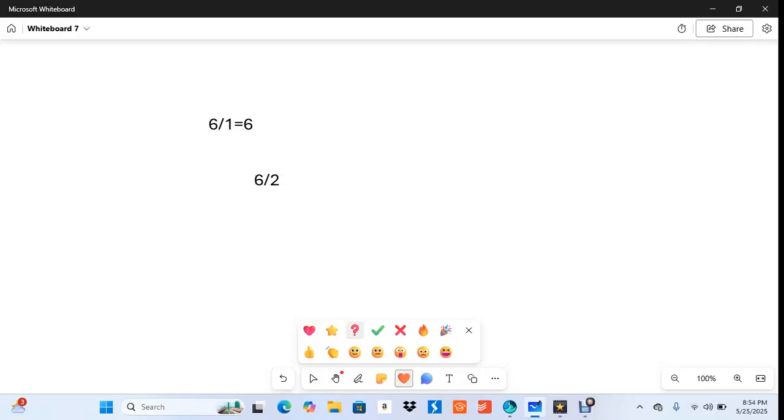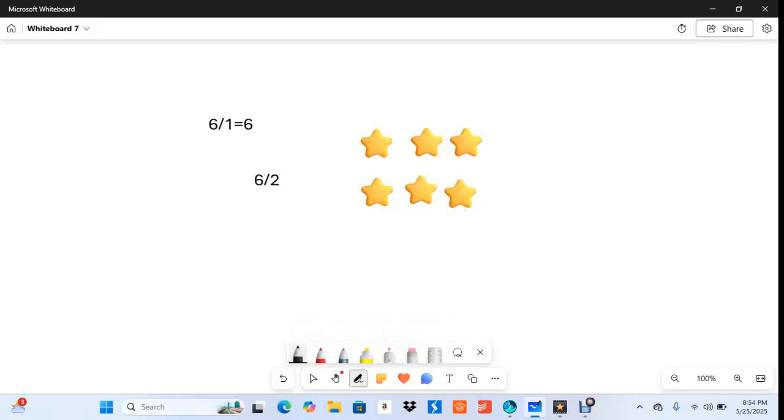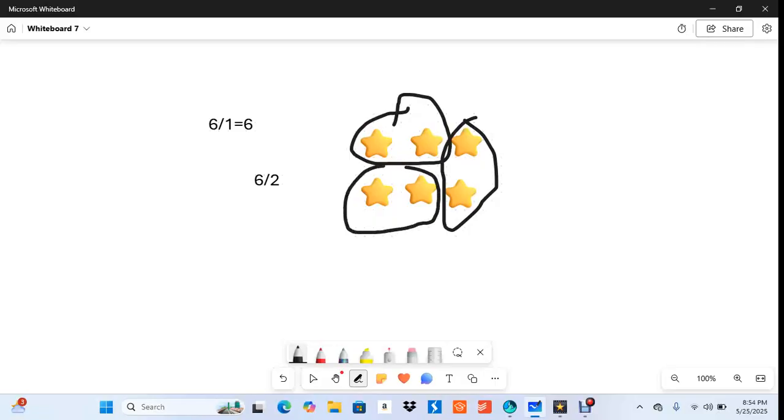So if you have 6 things, you'd have 1, 2, 3, 4, 5, 6. If there's 2 things in each group, I'm going to count by 2s and then circle that group. 1, 2, 1, 2, and 1, 2. So this is an even quotient. It gives me 3 groups. So 6 divided by 2 equals 3.